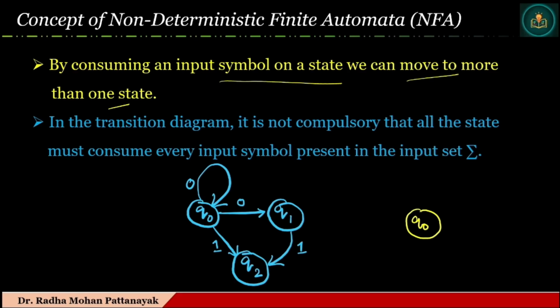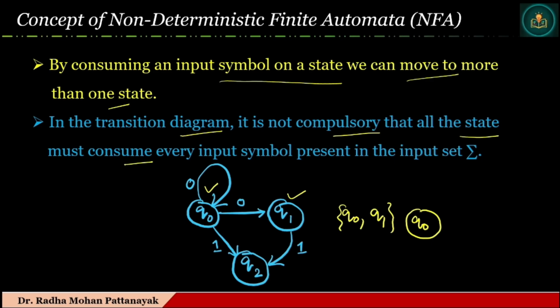So let's see here in the figure, on Q0, after consuming 0, you are in the same state, that is a self loop, and on Q0, if you consume 0, then you are also moving to Q1, right? Means by considering 0 on Q0, you can move to two states. One is Q0, second is Q1, right? Then what is the second rule? The second rule is, in the transition diagram, it is not compulsory that all the states must consume every input symbol.